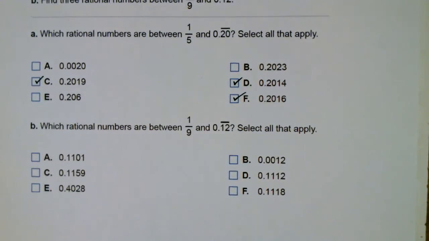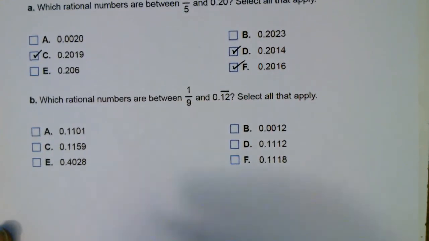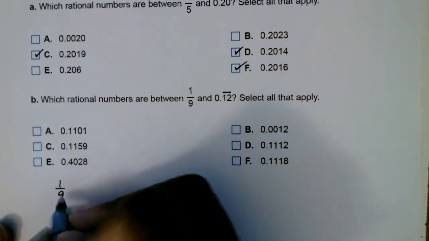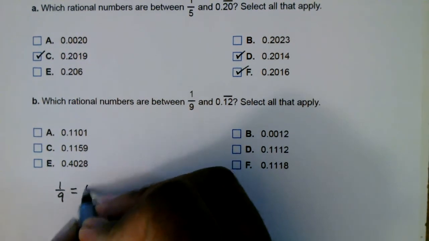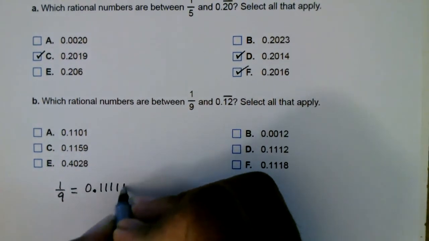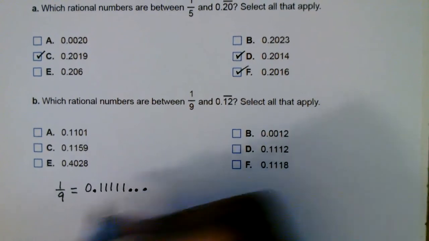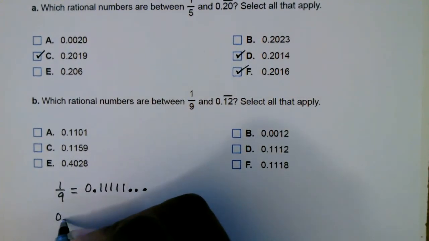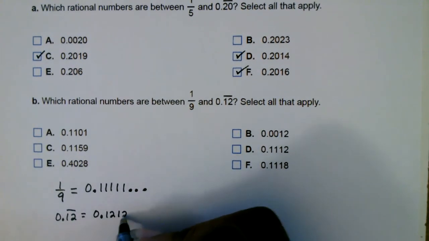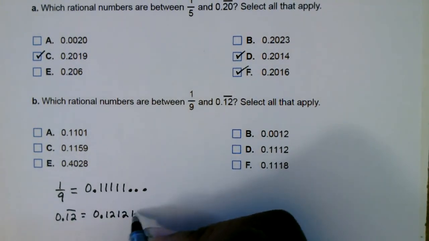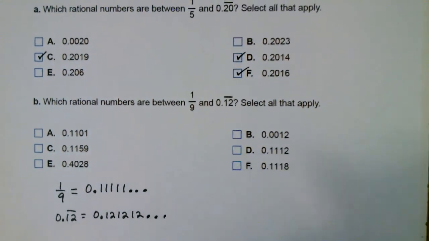And then which rational numbers are between 1/9 and 0.12 repeating? Well, let's look at this. 1/9 as a decimal. If I do 1 divided by 9, that'd be 0.111 repeating. And then 0.12, where the 1 and the 2 repeats, is 0.12, 12, 12, and so on.